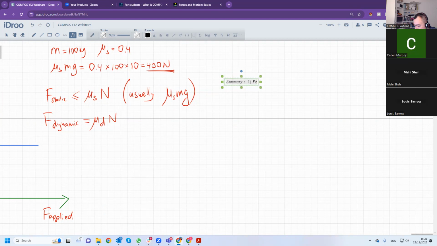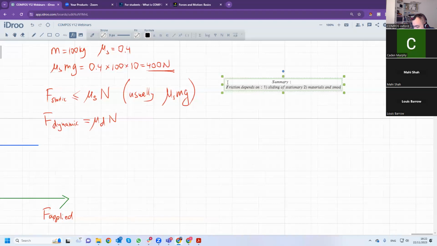First, friction depends on: one, sliding or stationary; two, materials and smoothness; and three, the contact force. So it does not depend on area.